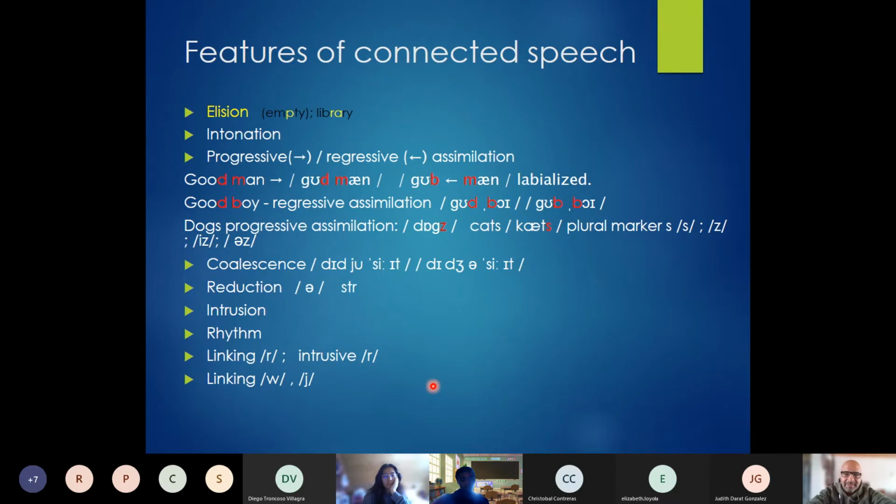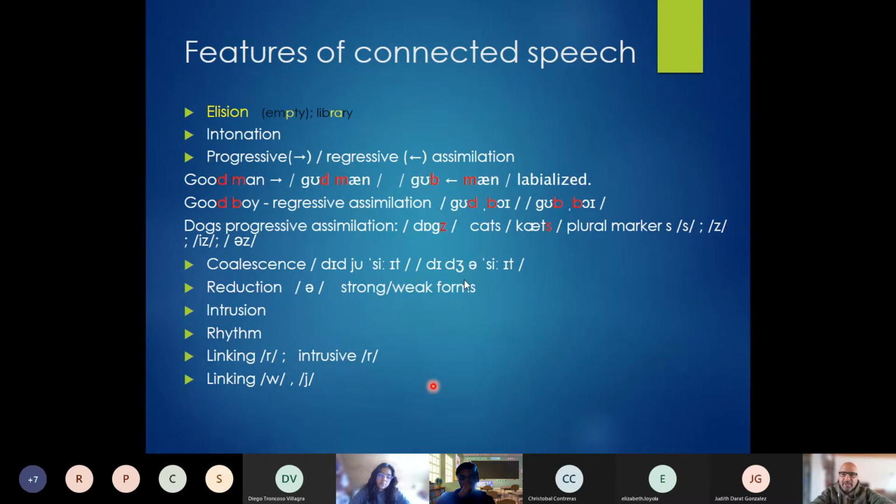This has to do with, if you remember, strong and weak forms. For example, "you": the strong form would be "you", just like in the section that says coalescence, it's transcribed there. Now, a weak form would be "yeh".